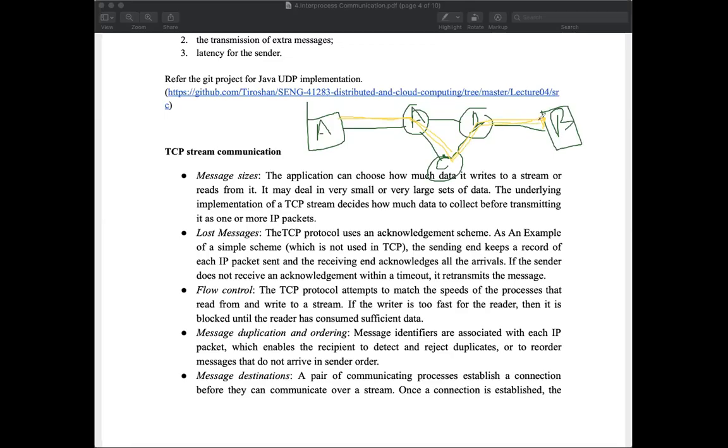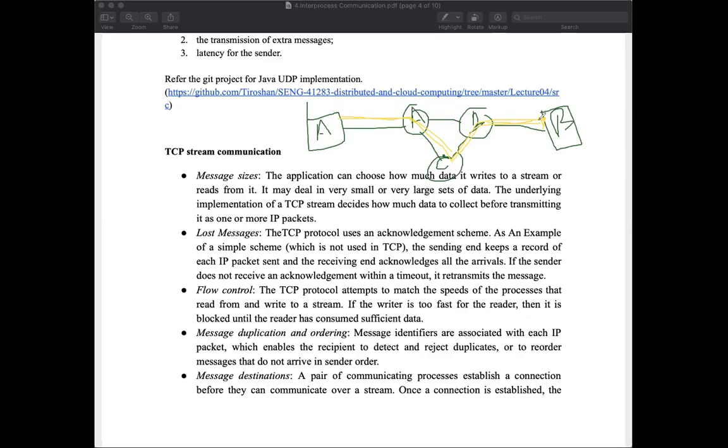In UDP, it's connectionless. Datagrams are passed to the network, then the datagram itself finds a possible route and eventually finds the destination. So it does not prefer a predefined connection or routing path in UDP.